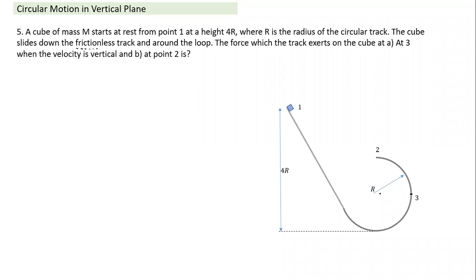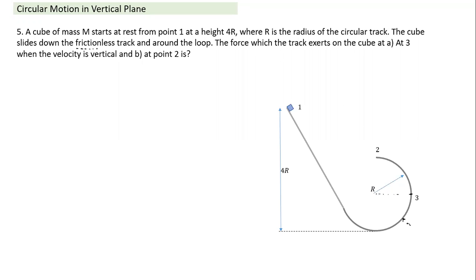So it means this point is, see if I connect to the center, this is a horizontal line. So what is the force the track will exert on this block at point 3 and also at point 2, the topmost point? This is what we need to calculate. If we compare this motion here, in place of tension force, now the tension force has been replaced by normal reaction.